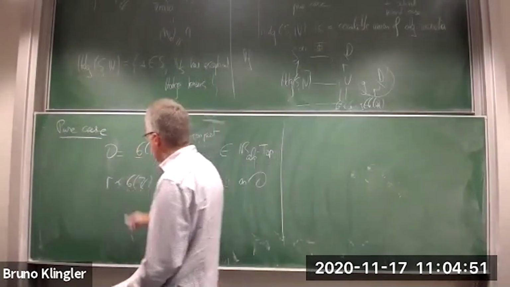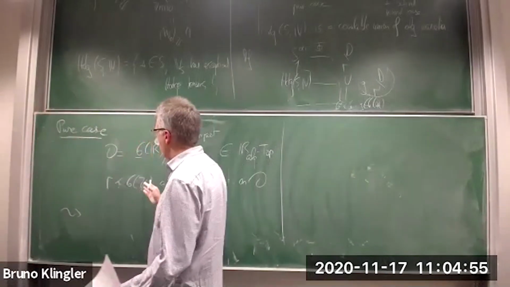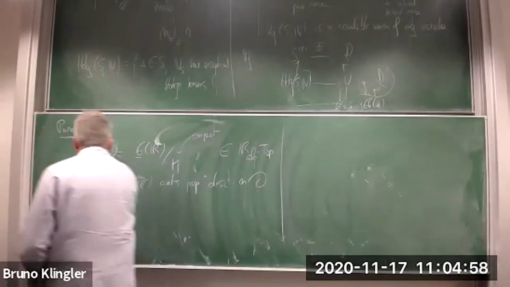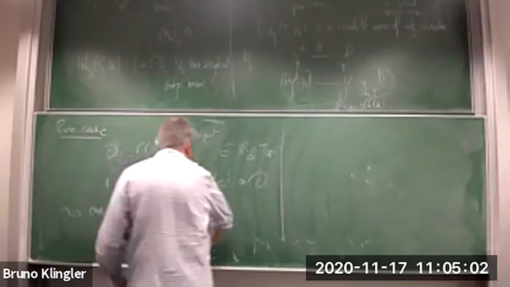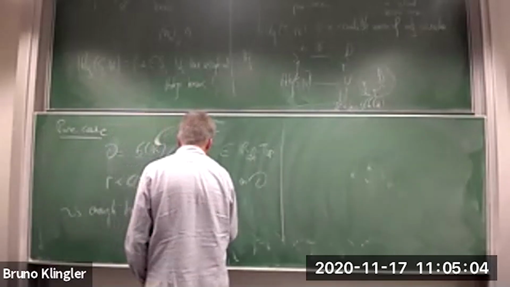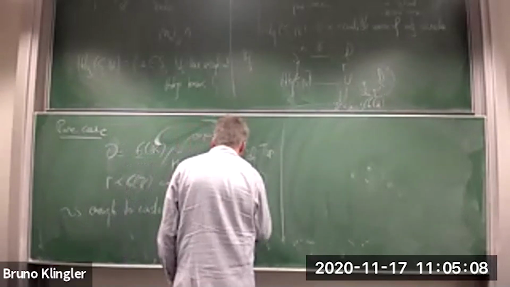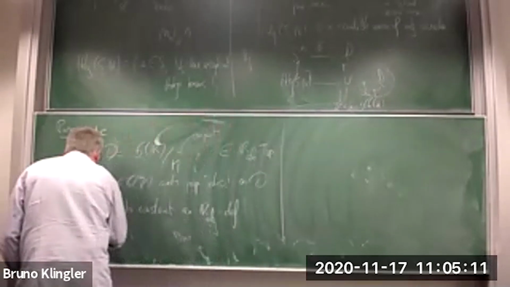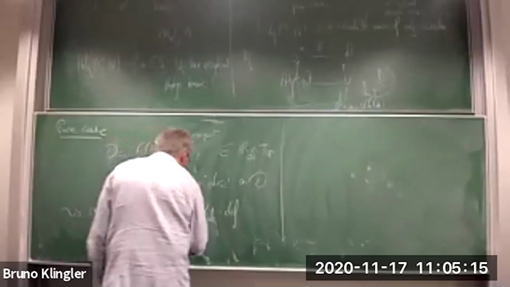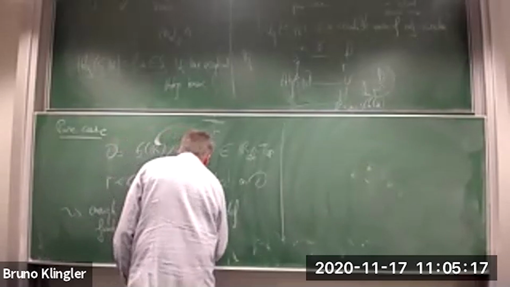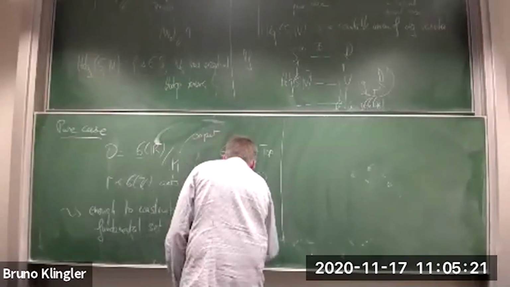we are reduced. We have to find a nice fundamental set for gamma, so it is enough to construct an R-definable fundamental set F for gamma inside D. Right?